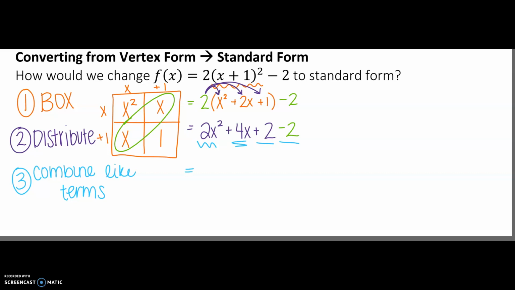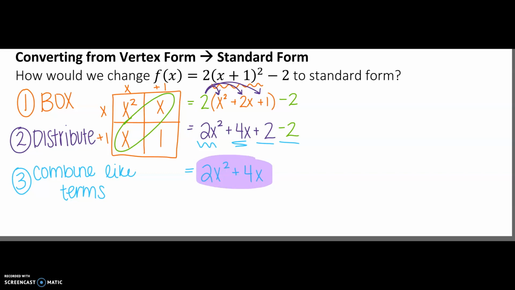So when I rewrite it, I'm going to have 2x squared plus 4x. And that's going to be my final answer, because that positive 2 and negative 2 added together to be 0, and we don't write plus 0 in our final answer.